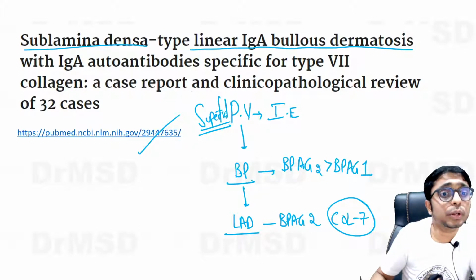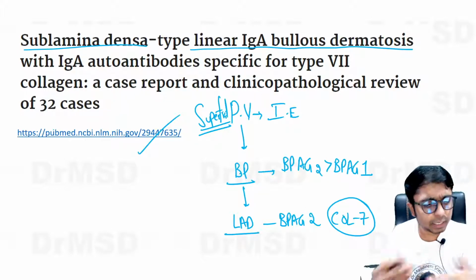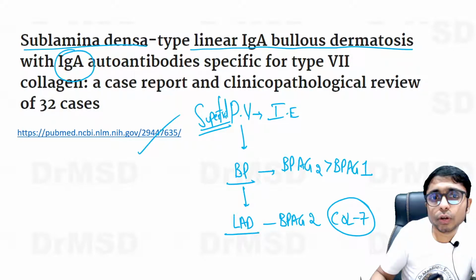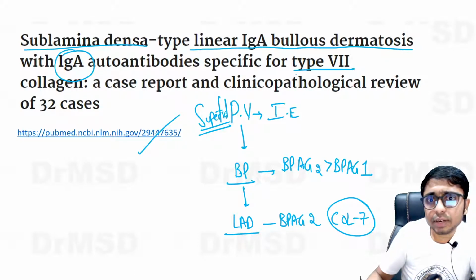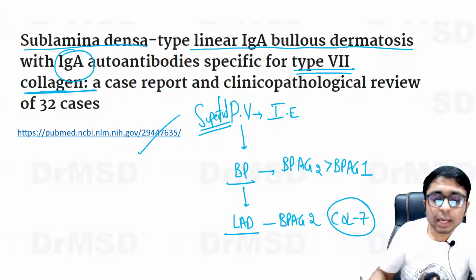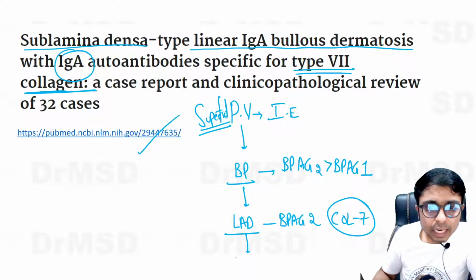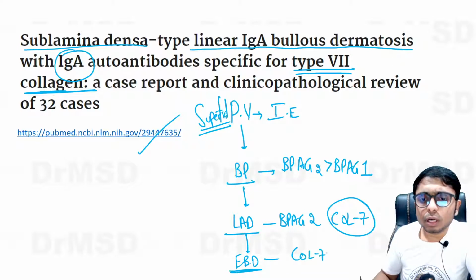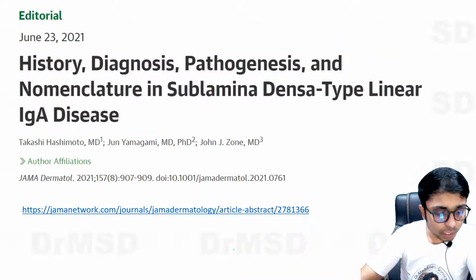This is a new thing which is being discussed a lot. So in this, it was observed that IgA autoantibodies specific for type 7 collagen are being identified. Okay, so that is the reason why we are putting that. And finally, we have epidermolysis bullosa dystrophica, in which we have a pure genetic defect of collagen 7.